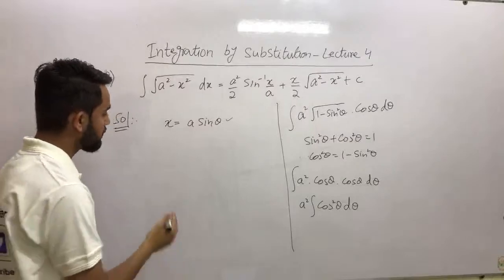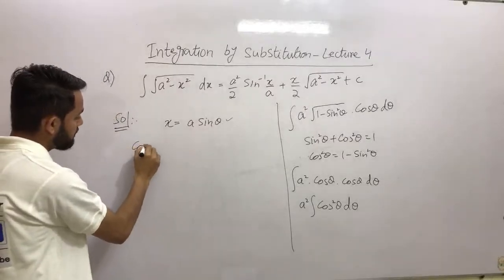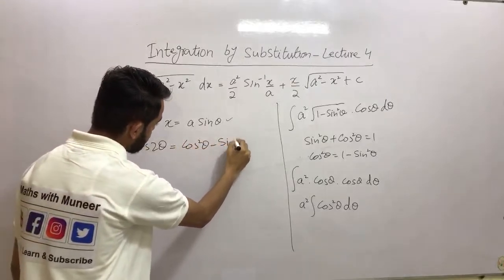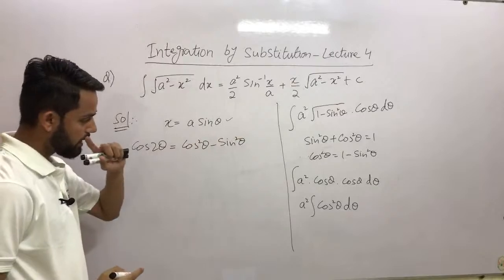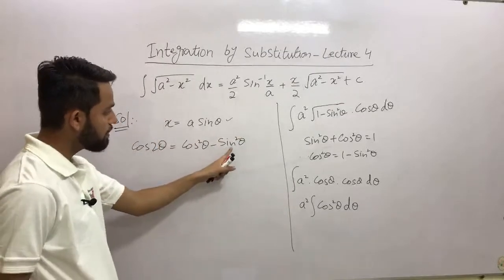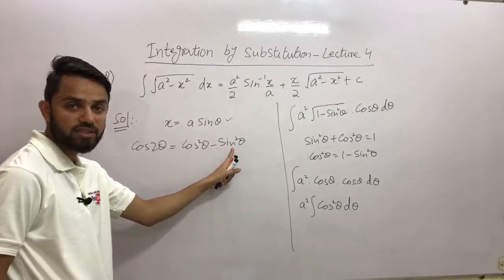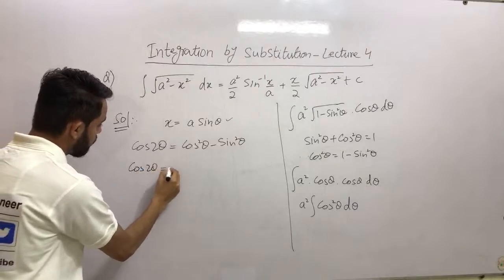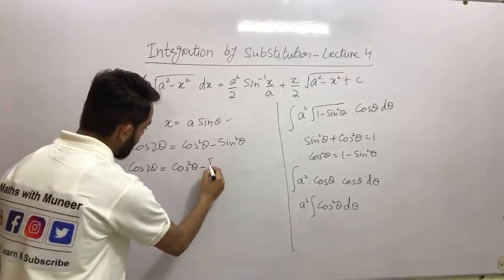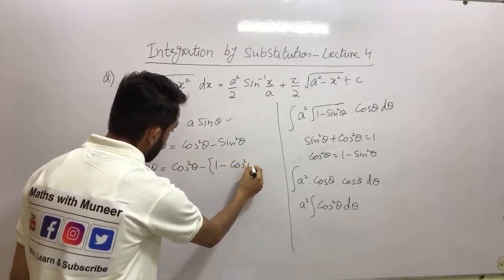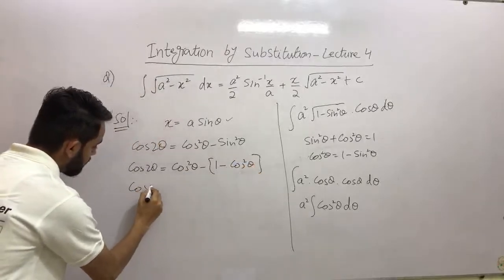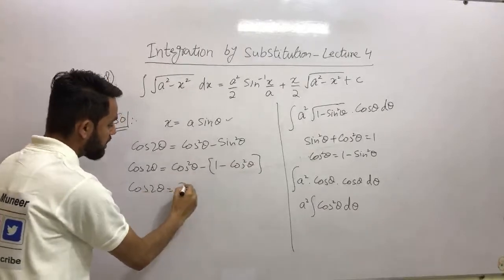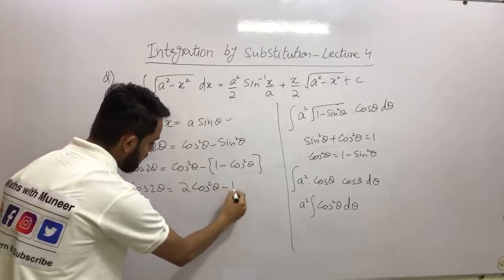Okay, cos 2 theta is equal to cos square theta minus sine square theta. Now I need cos square theta, so what I am going to do is place the value of sine square theta over here, which is 1 minus cos square theta. So cos 2 theta would be equal to cos square theta minus 1 minus cos square theta, and cos 2 theta would be equal to cos square theta minus minus plus cos square theta, which is 2 cos square theta minus 1.